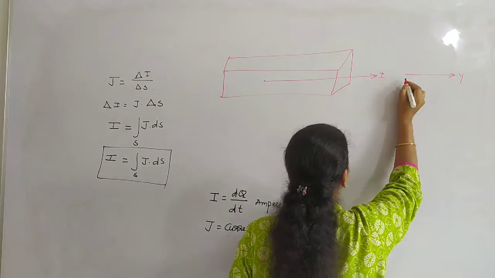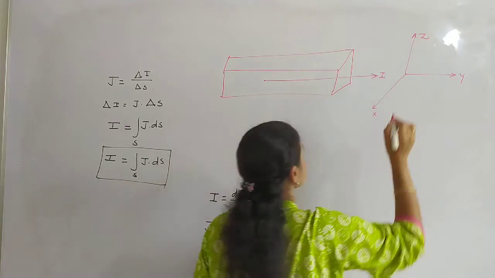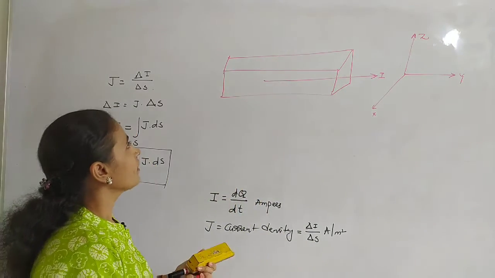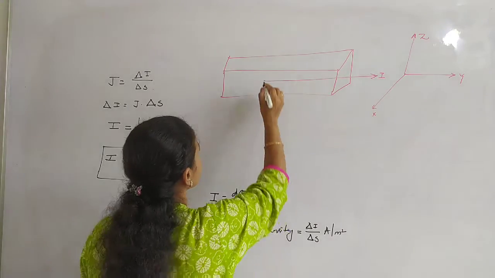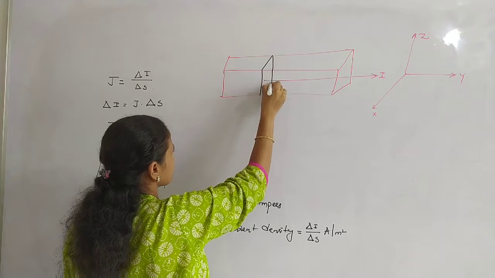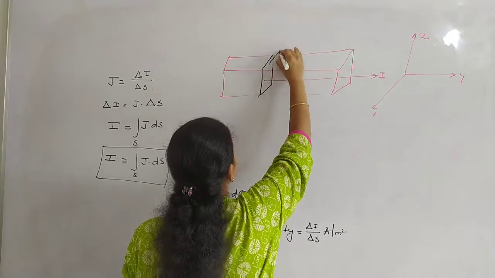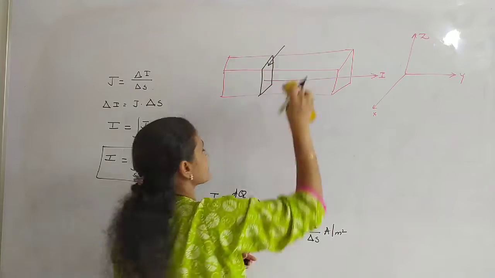This is the y-axis, this is x and this is z. Let us consider one small differential surface, ds or delta s.